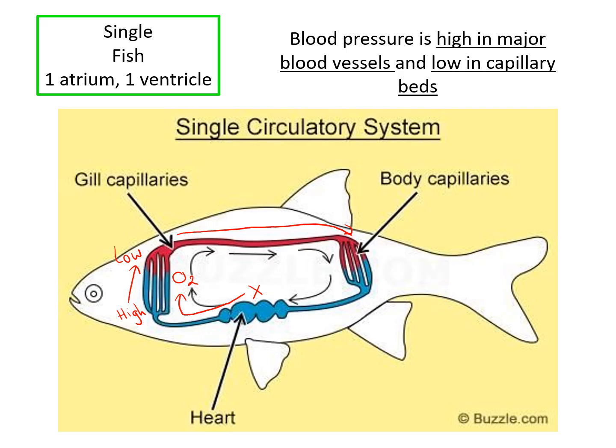And this is okay for things like fish because they're cold-blooded. They don't need loads of energy to stay warm. So again, we're going to have low pressure in the body capillaries, and we're going to be delivering that deoxygenated blood back towards the heart. So in summary, the pressure is going to be higher in the gills, and it is going to be lower in the body capillaries or the body tissues.